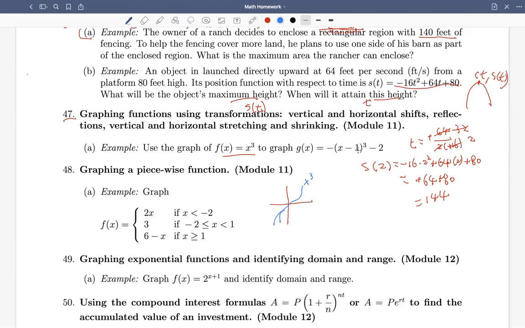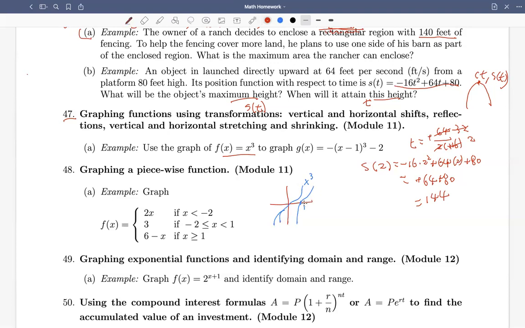Now we see x minus 1. That's a horizontal shift of 1 unit. So let's see, this is 1. That means the graph looks like this, x minus 1. Then reflection reflects the positive y values to be negative, and the negative y values to be positive.